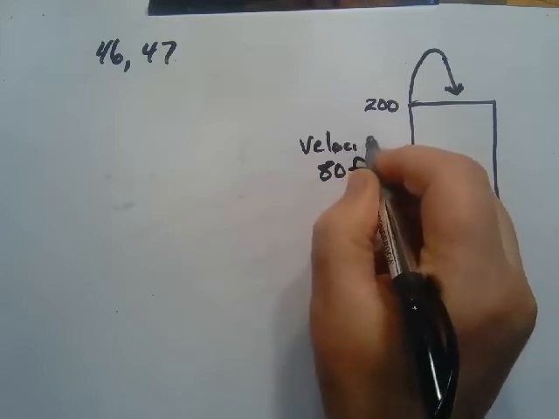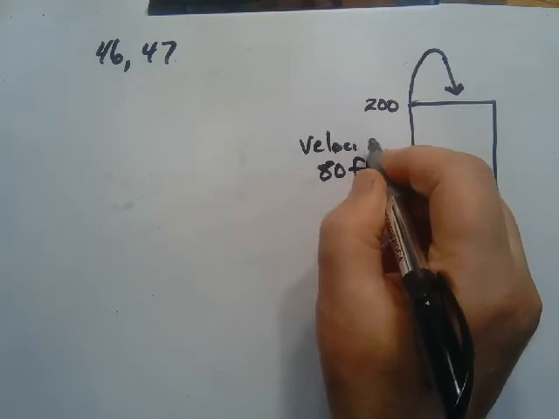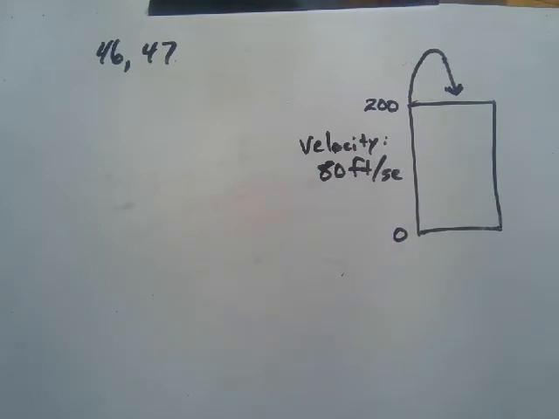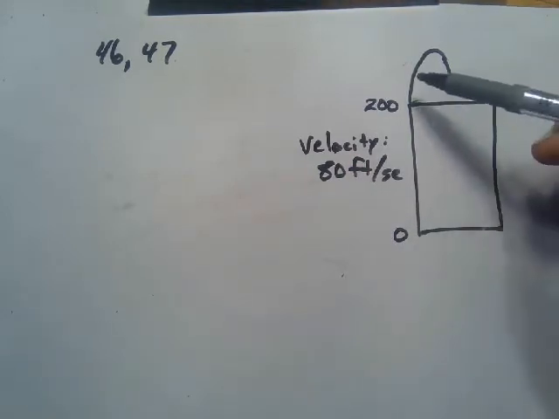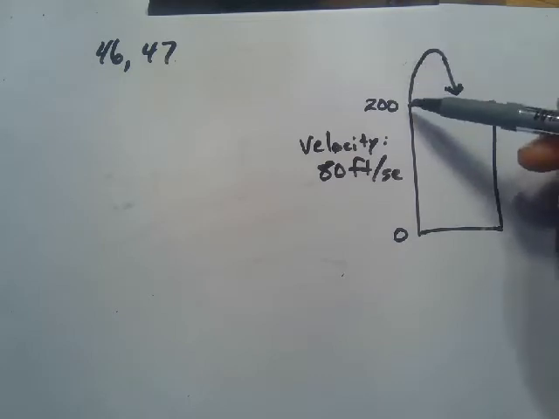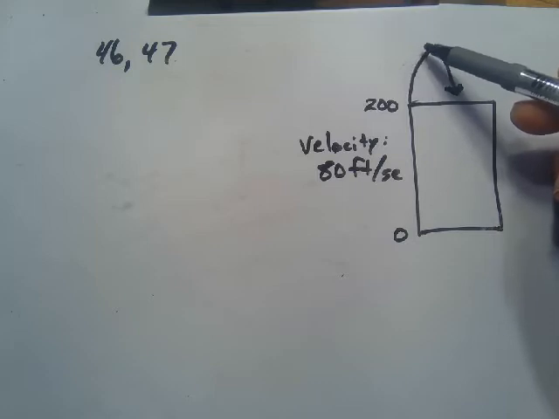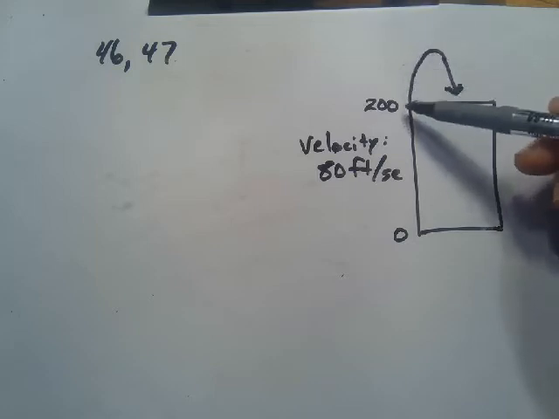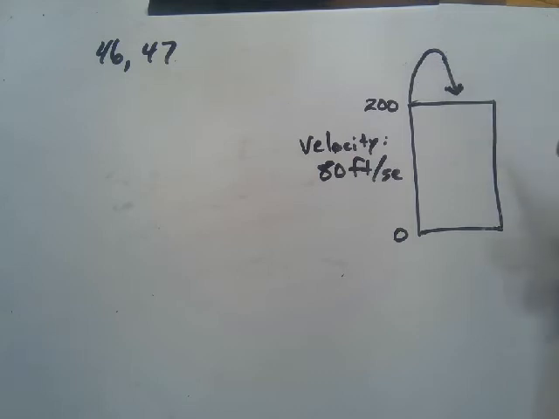Velocity. Am I spelling this right? Yeah, velocity. That's its speed. It's shot off at 80 feet per second. So depending on how strong the cannon is or how strong the weapon is or whatever you're using, it's going to shoot it off in the air at a certain speed. Or if you threw it up, you'd be throwing it up at a certain speed.